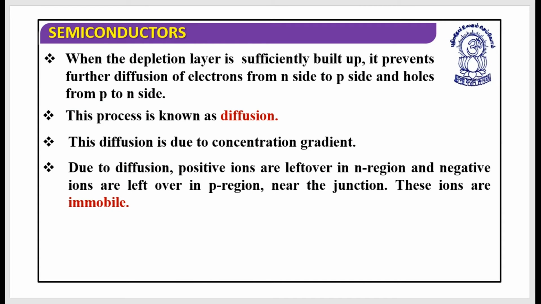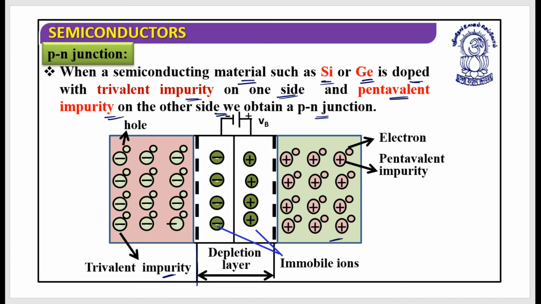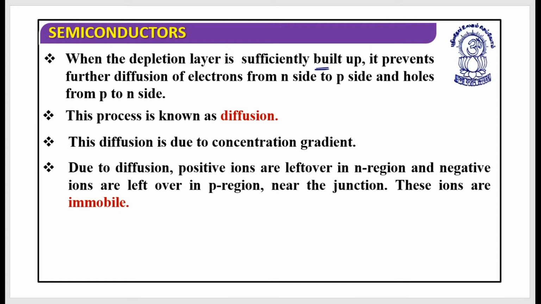When the depletion layer is sufficiently built up, this region between the p type and n type is what we call the depletion layer. It prevents further diffusion of electrons from the n side to the p side and holes from the p side to the n side, and this process is known as diffusion.